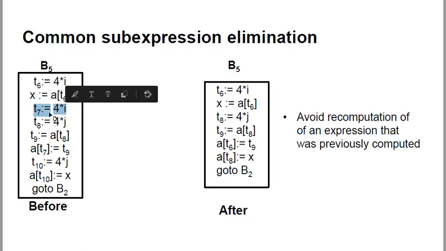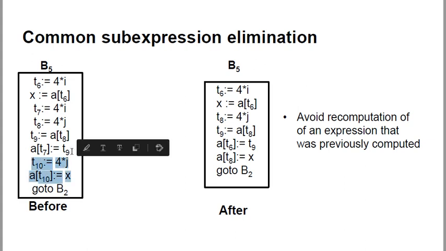Similarly, in T10, 4 into j had been computed previously and stored in T8, so we need not compute the value of 4 into j one more time. So we can easily eliminate these two common sub-expressions.